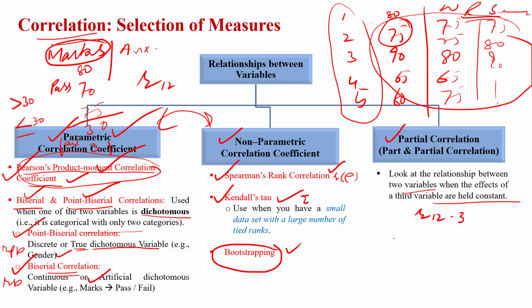For example, with exam performance, anxiety, and revision, we want to find the correlation between exam performance and anxiety by removing the effect of revision, which is the controlled variable. There is a mathematical way to calculate this, and in that scenario we can apply the partial correlation coefficient.